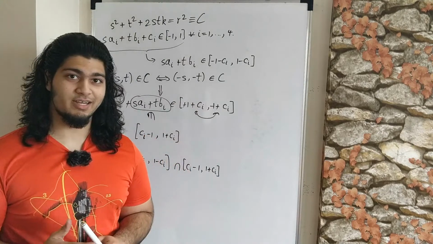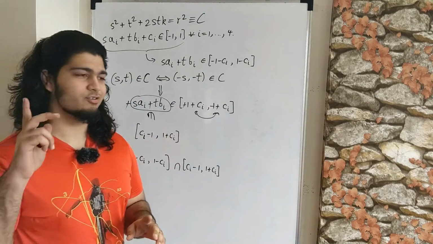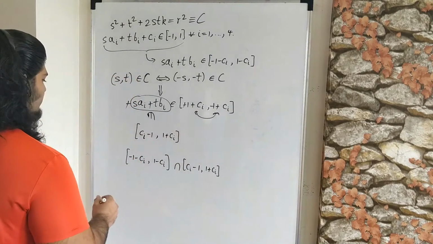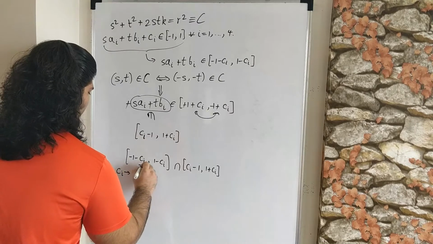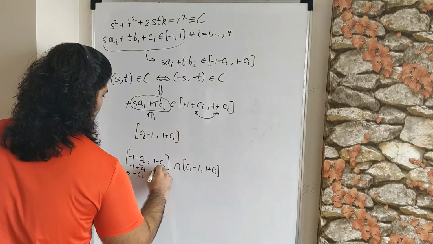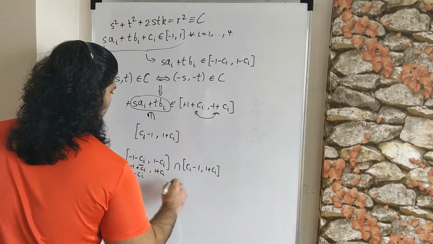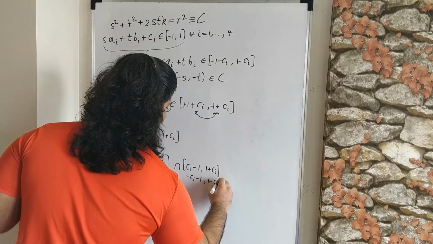And now we can actually assume without loss of generality that c_i is positive for all i. So the reasoning is that if you replace c_i by minus c_i, then this becomes c_i. So -1 plus c_i becomes 1 plus c_i, and this becomes minus c_i minus 1 and 1 minus c_i.